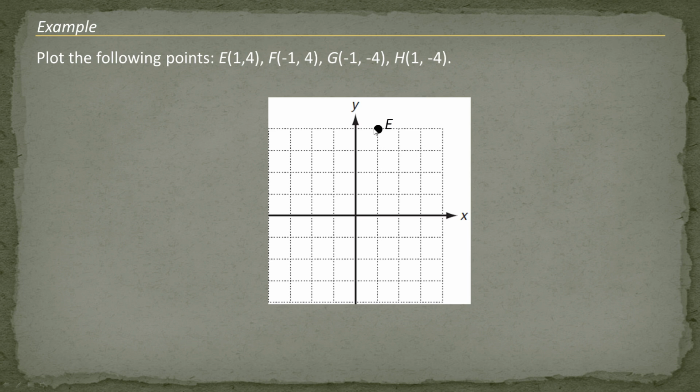And -1, 4, it's going to be just the same height as E, but it's going to be over here, -1, 4. G is at -1, -4, so it's going to be down here. And H is at +1, -4. That makes a rectangle. So this has just been a brief lecture review on plotting coordinates in the Cartesian plane.